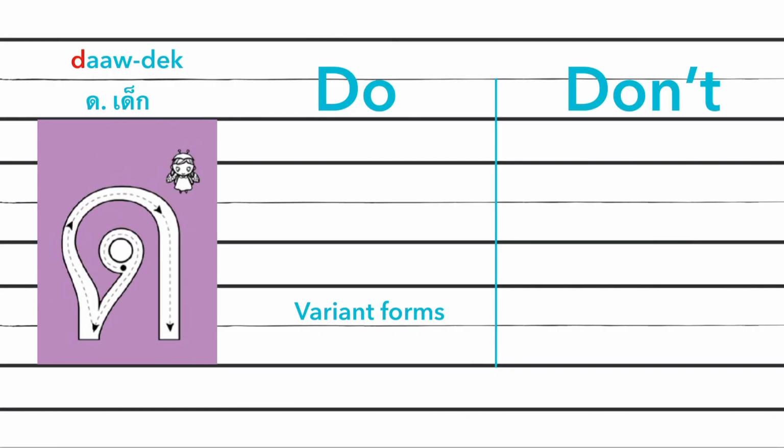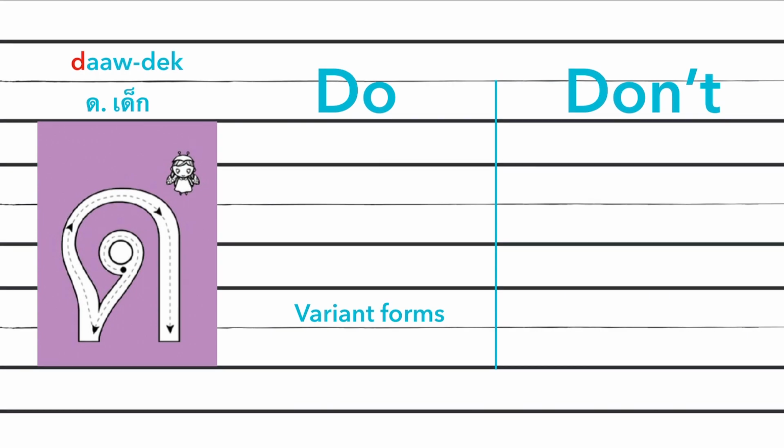ดอเด็ก. You start from a circle in the middle, right down to the left, right up, and make a curve to the right and right down.